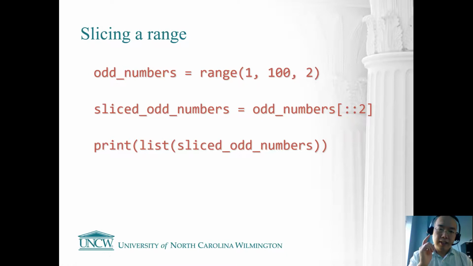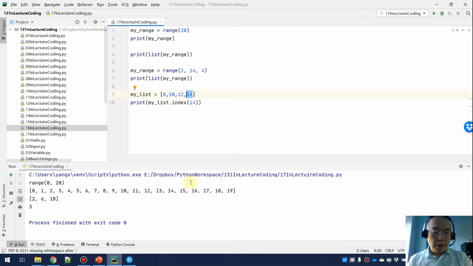We didn't specify where to begin, so it begins at the very first value. We didn't specify where to stop, so it will include the last value, and then the step size is 2. So remember, previously we have 1, 3, 5, 7, 9, 11, etc.